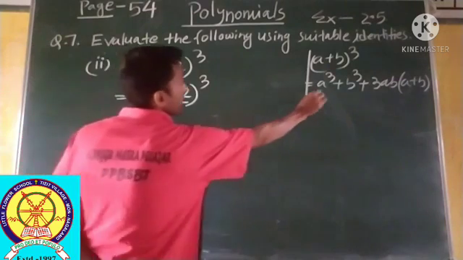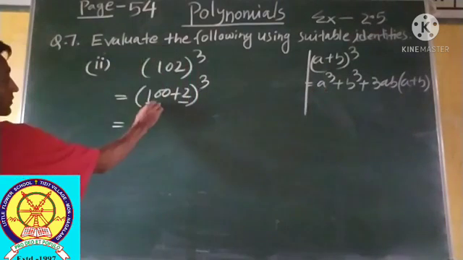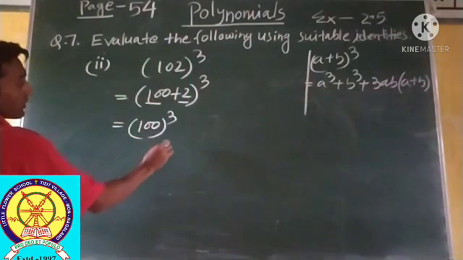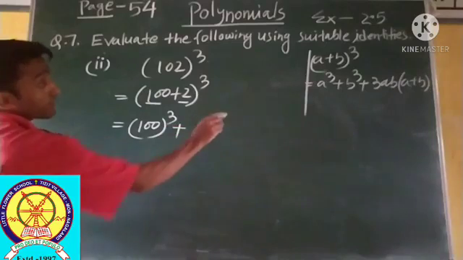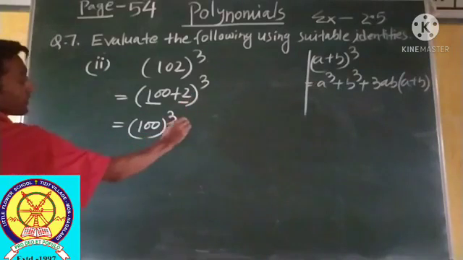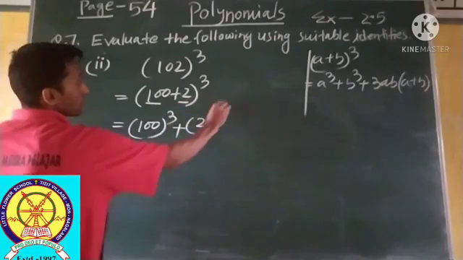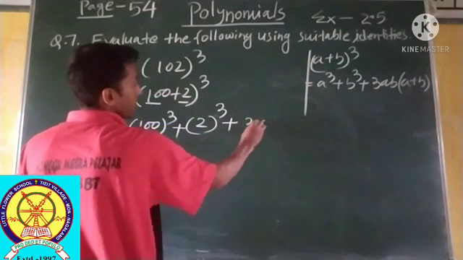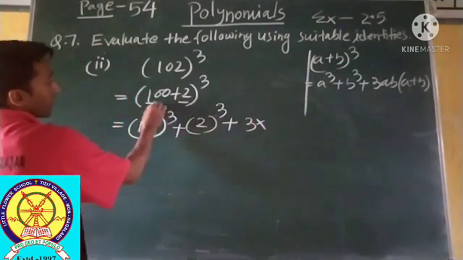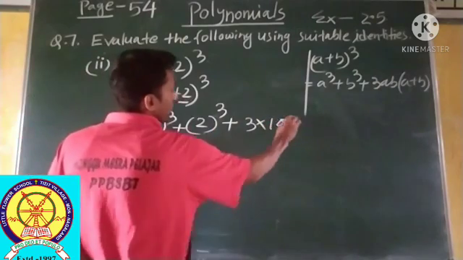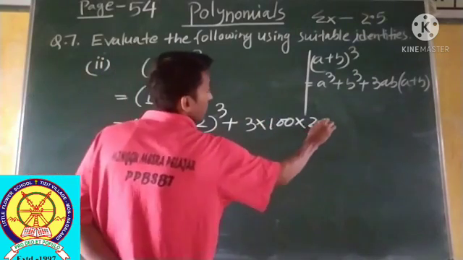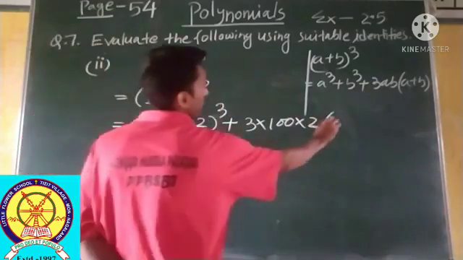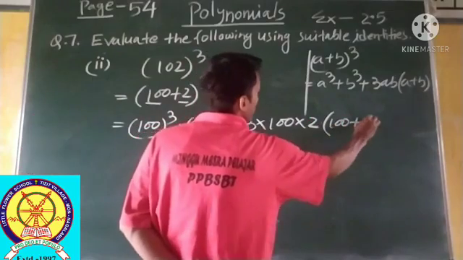As per the identity we have first a cube, so 100 cube, plus next b cube, b value is 2, so 2 cube, plus as per the identity 3 into a into b, 100 into 2, then into (a plus b), 100 plus 2.